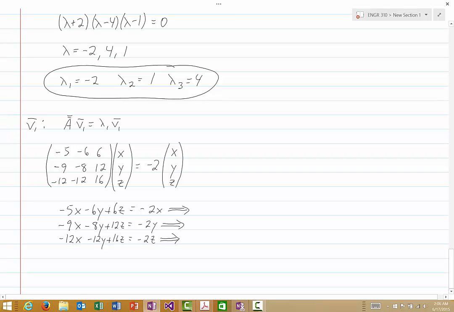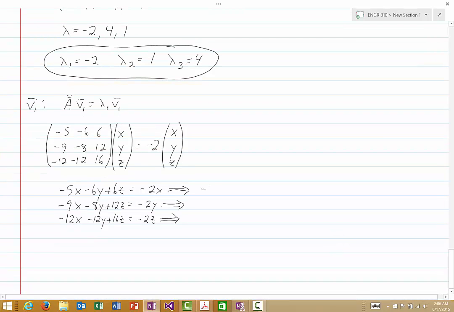So the first equation will become minus 3x minus 6y plus 6z equals 0. The next one becomes minus 9x minus 6y plus 12z equals 0.